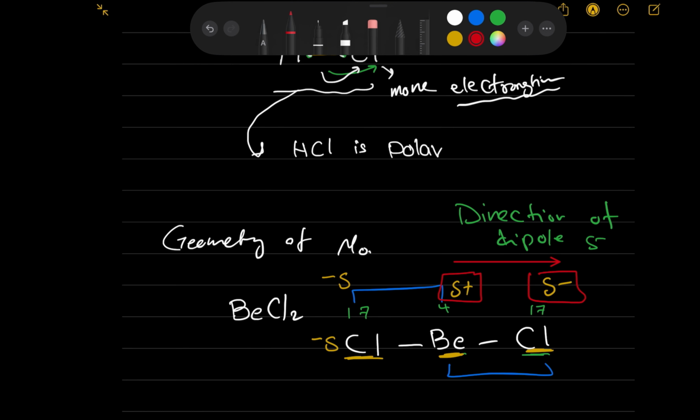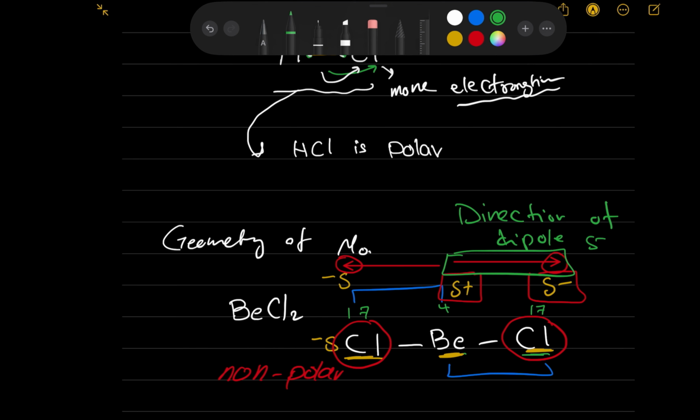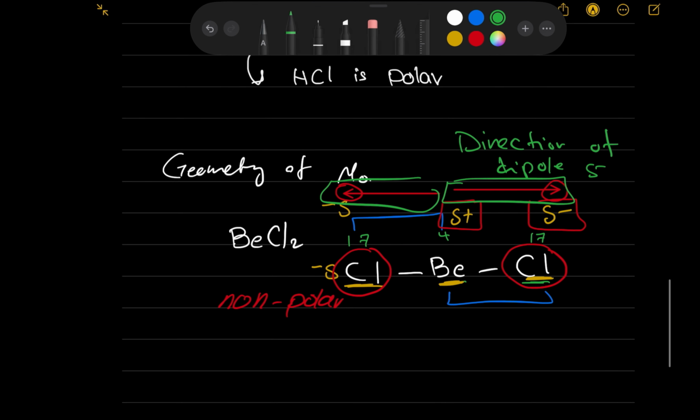It goes to the most electronegative atom. And since you have 2 identical atoms and the arrows are opposite to each other, then this compound is non-polar. And at that point, we can conclude that since BeCl2 is linear with identical surrounding atoms, I mean you have both Cl and Cl, then this one here is non-polar.